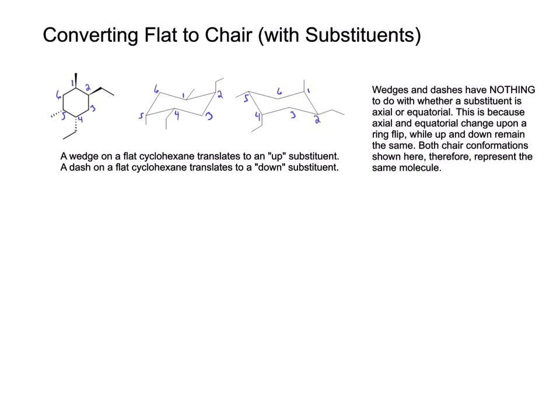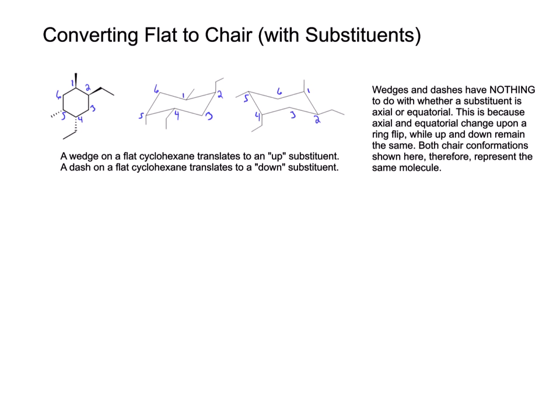When converting from the flat to the chair representations, there is one thing that I really have to emphasize because I see this mistake made all the time by students. And that is that wedges and dashes have absolutely nothing to do with whether a substituent is axial or equatorial on the chair.